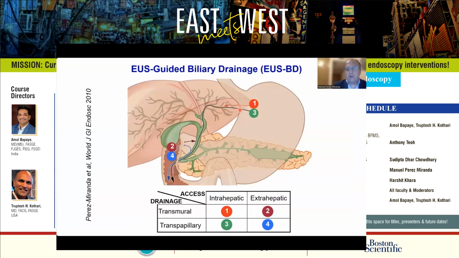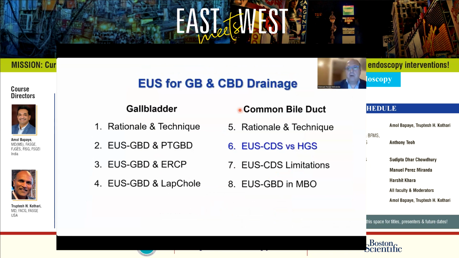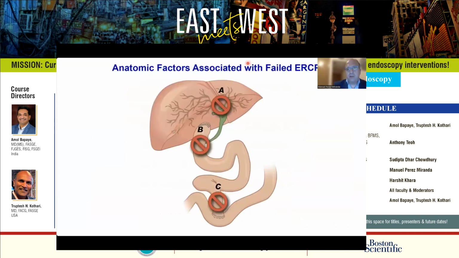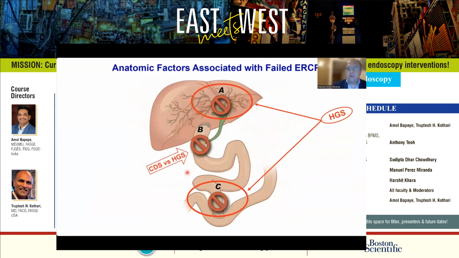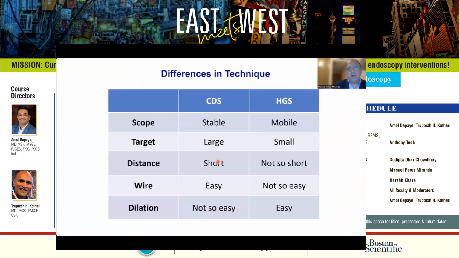We also have hepaticogastrostomy, and when the obstruction is located proximally, when patients do not have endoscopic access to the papilla, there's no other option than hepaticogastrostomy. When the obstruction is distal and there is access to the bulb, there's a choice between one or the other.